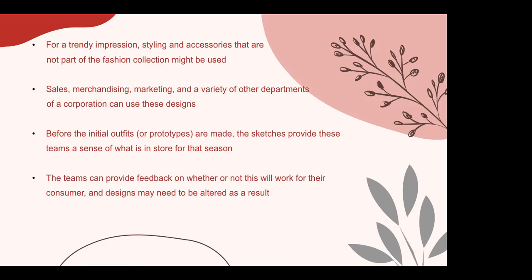Before the initial outfit or prototypes are made, the sketches provide these teams a sense of what is in store for that season. So this is also very important. A designer has designed a complete range, but every time you cannot put that range in the front. Photo shoots came later.